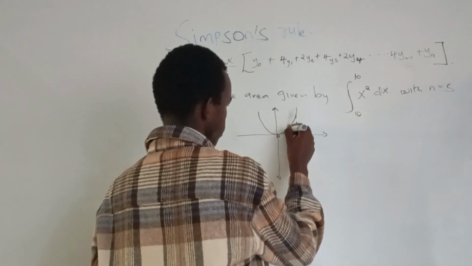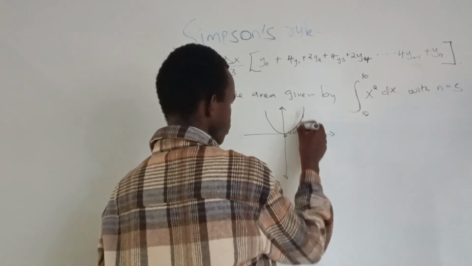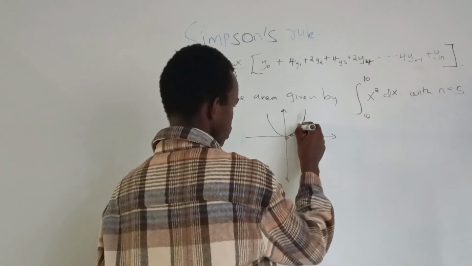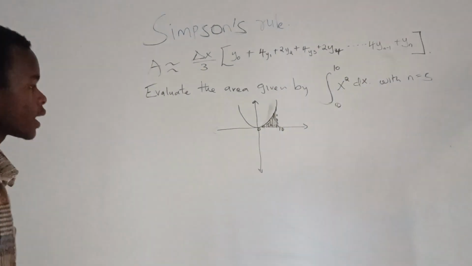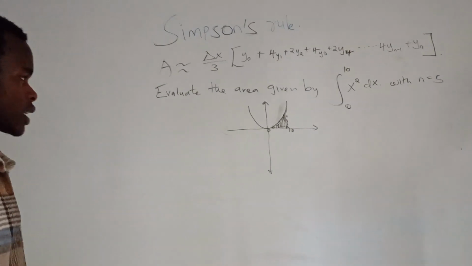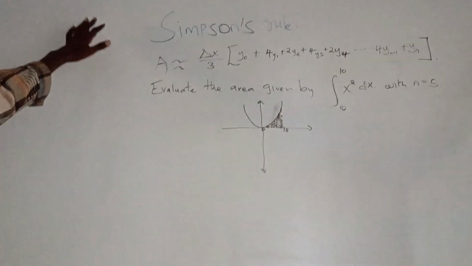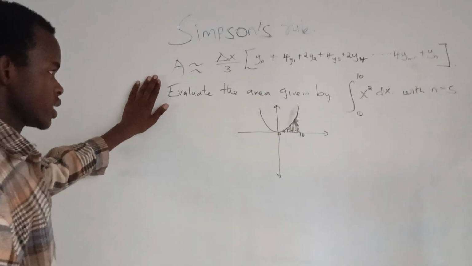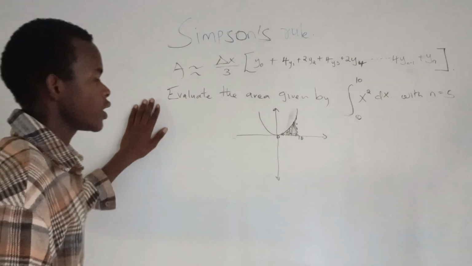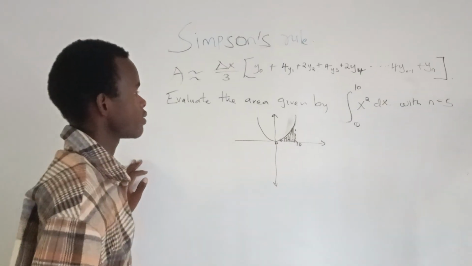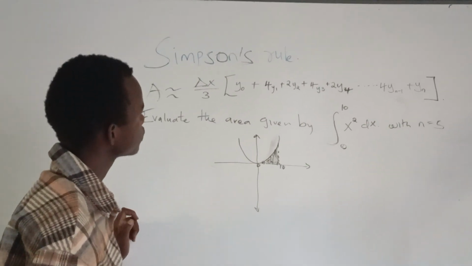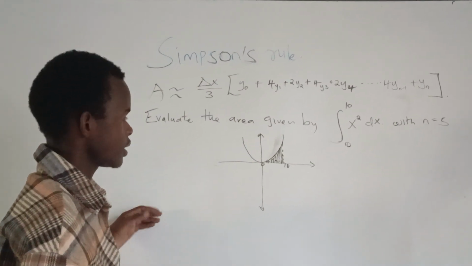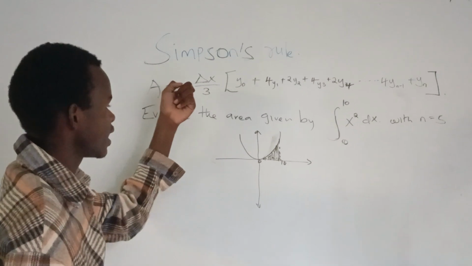The area we are required to approximate is this. And just an explanation for this: Simpson's rule is more accurate than the previous 2 rules we have talked about, midpoint and the trapezoidal rule.